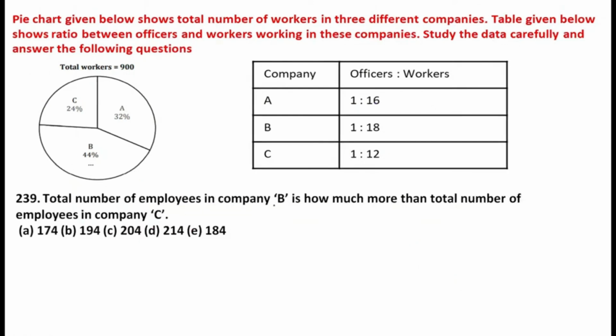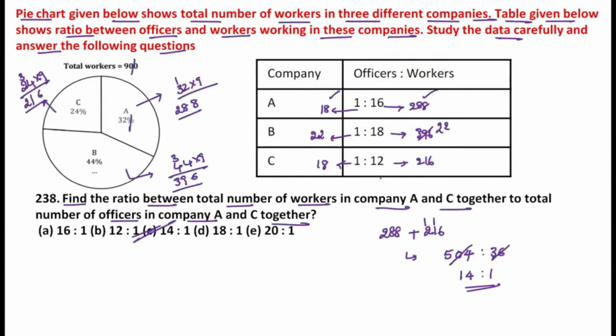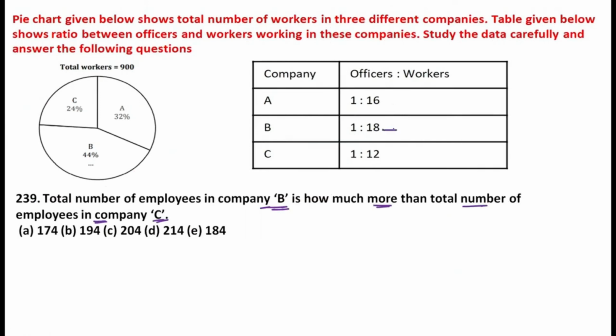Next one: the total number of employees in company B is how much more than the total number of employees in company C? See, you already calculated all the values. You already calculated the B value 396, and the officers 22. So the total number of employees in company B is 396 plus 22, which is 418 members.